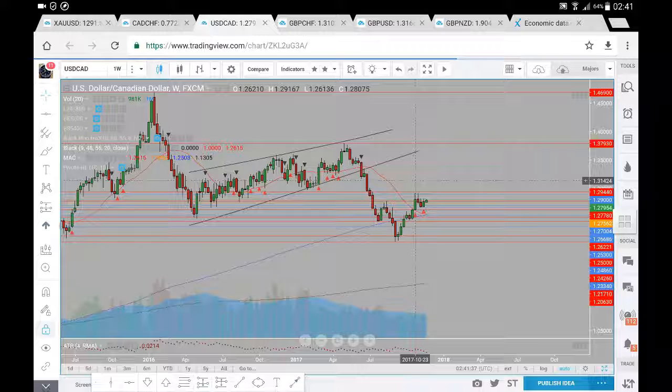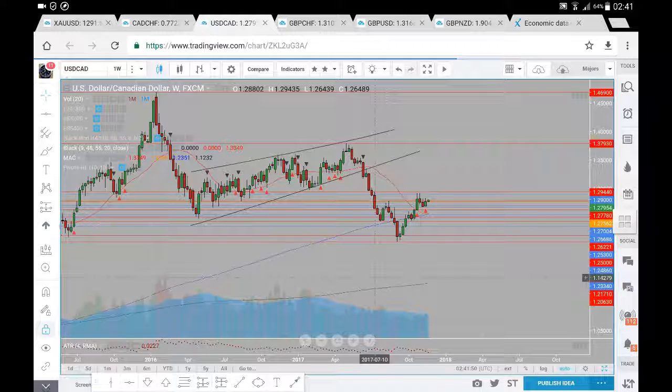Instead, we saw some buy-side momentum come back into the market over last week. It's difficult to ascertain anything from this week so far, as the week is pretty new, but we look poised for another retest of that 129 region.